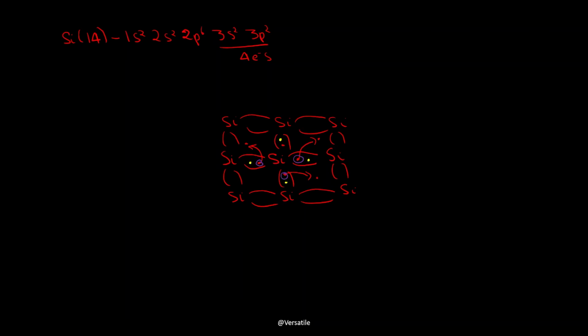Since electrons are negatively charged, the electrons leaving a site means a positive charge is developed there, and these positive vacancies are what we refer to as holes.